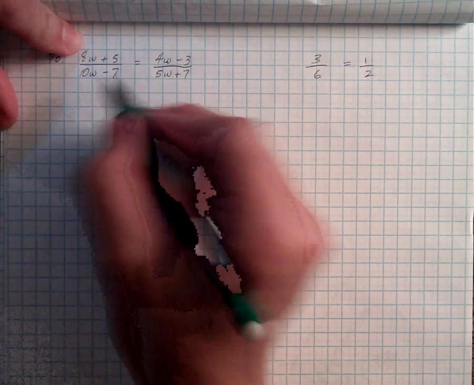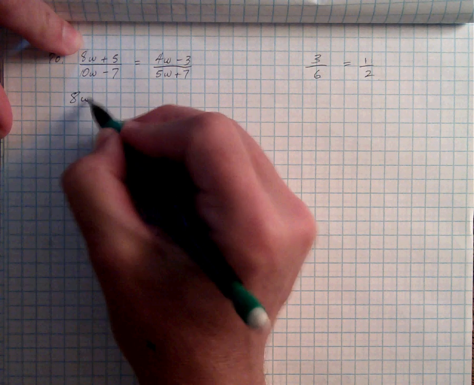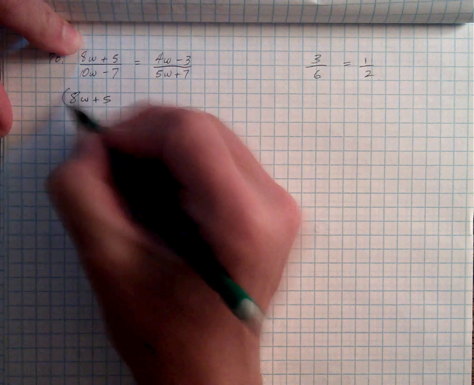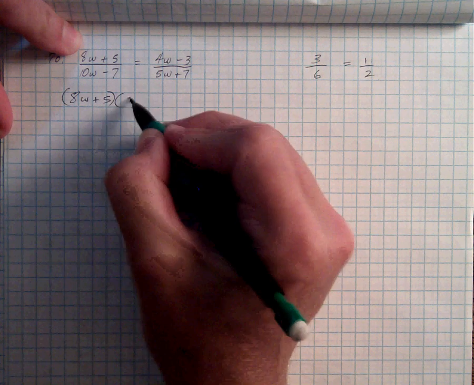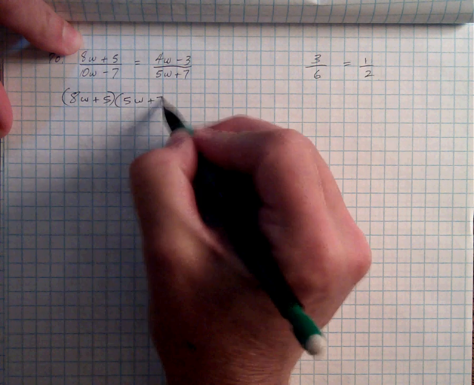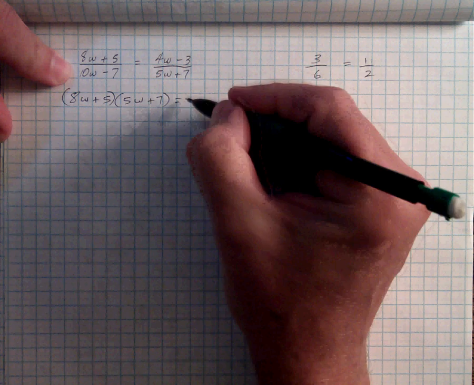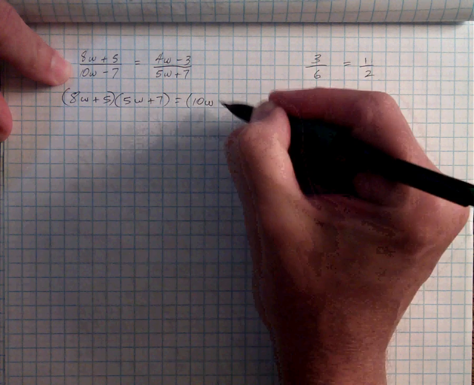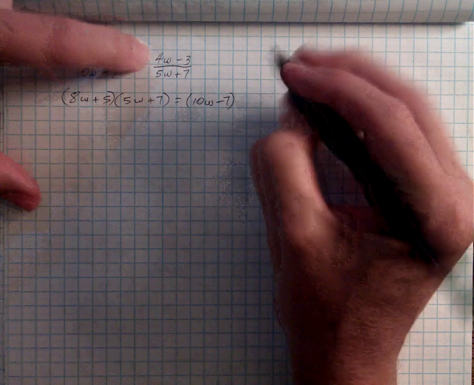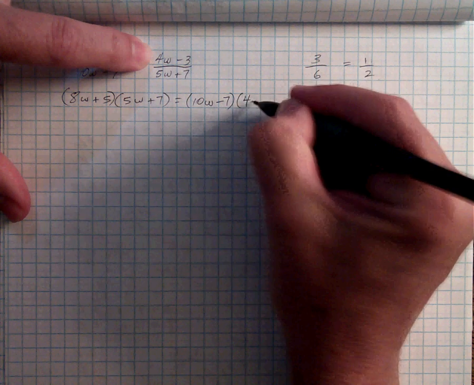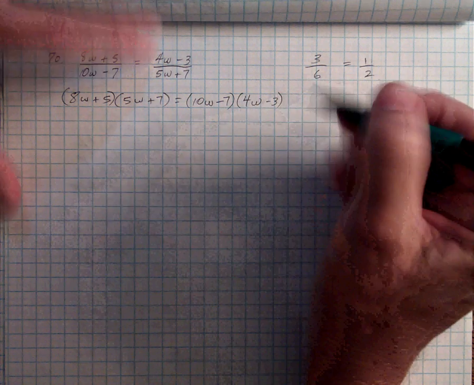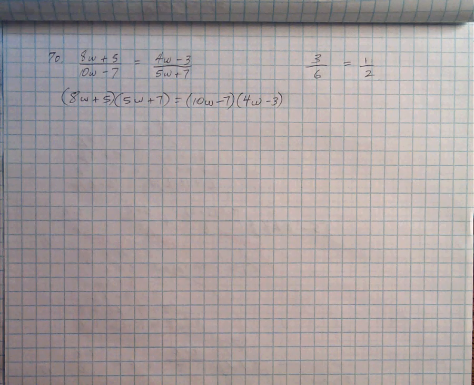I'm going to do 8w plus 5 times 5w plus 7 has to equal 10w minus 7 times 4w minus 3. So now it's just a matter of expanding this and solving for w.